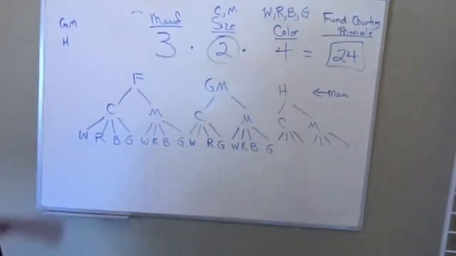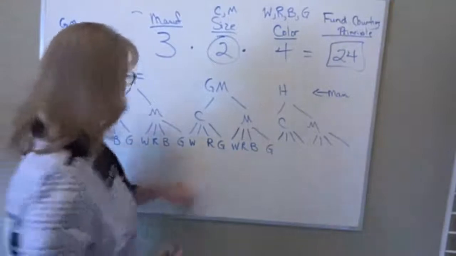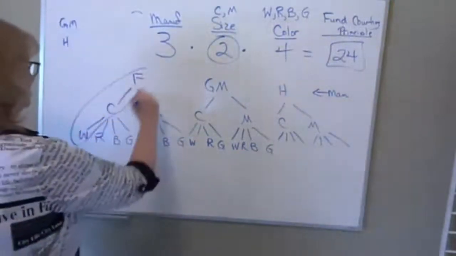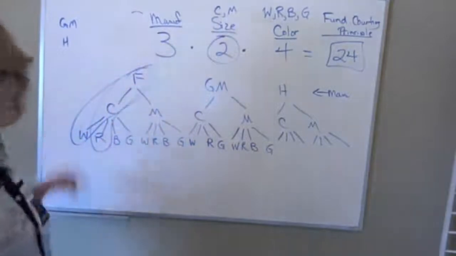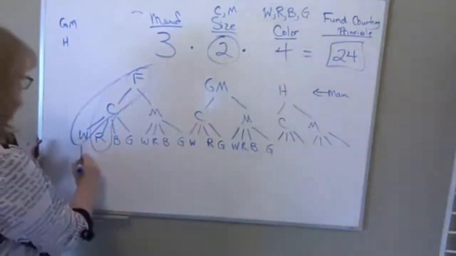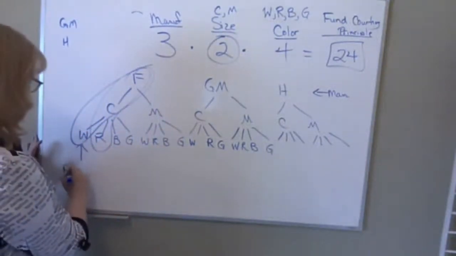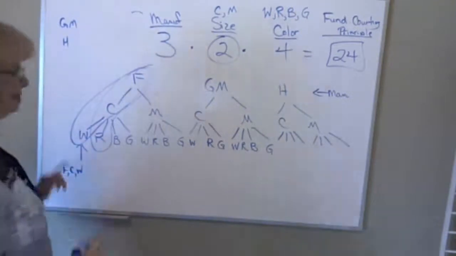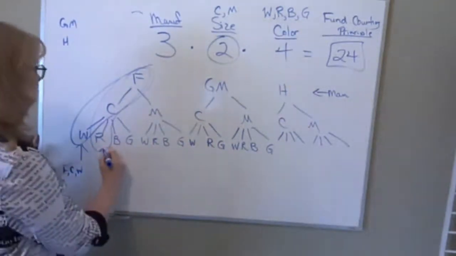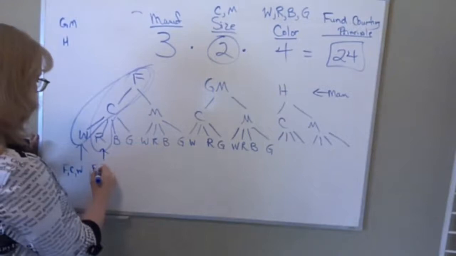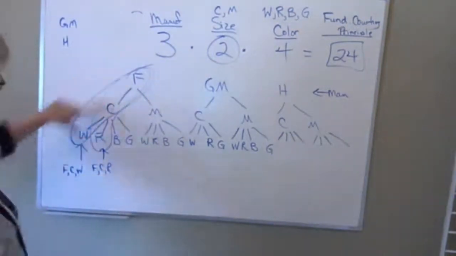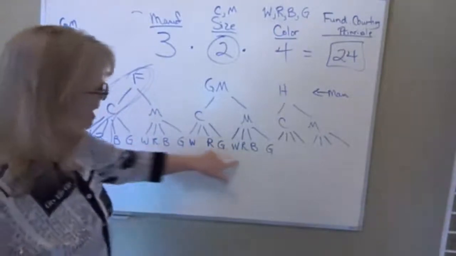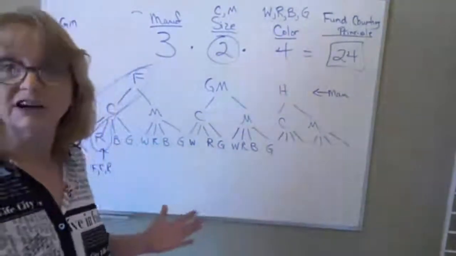Okay. And so if you were to count everything along the bottom, so here's one combination, there's another one. So like this would be a white Ford compact. This one would be Ford compact but red, a different one. So each of the things at the bottom represent a different car.